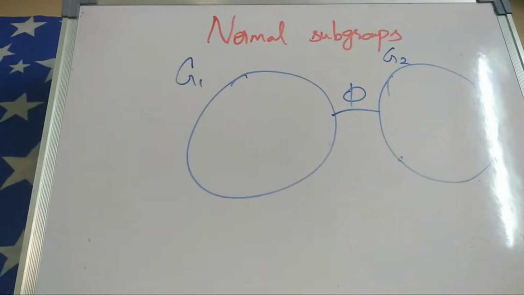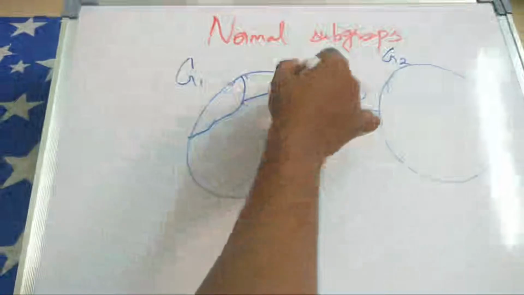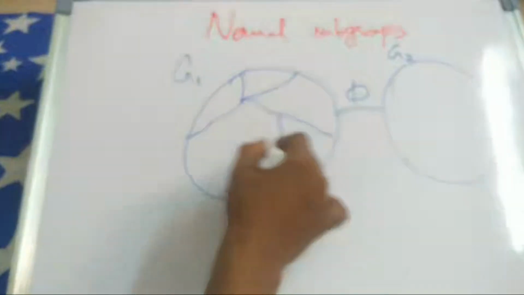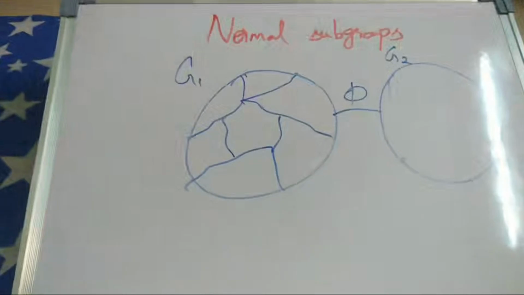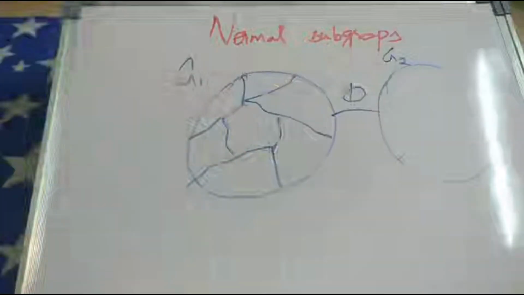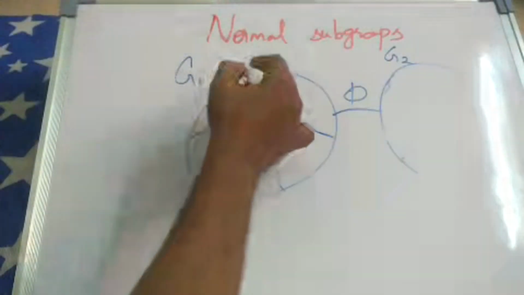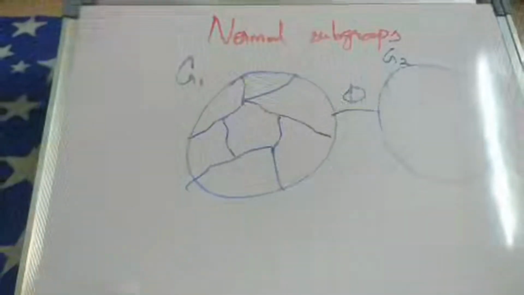Now, in general, the homomorphism need not be 1-1. So what we are trying to do is split up this set into something where this is no longer a mapping from G1 to G2. Now we are considering a different set where all the elements here will be considered as one set, and this will be a collection of these sets.